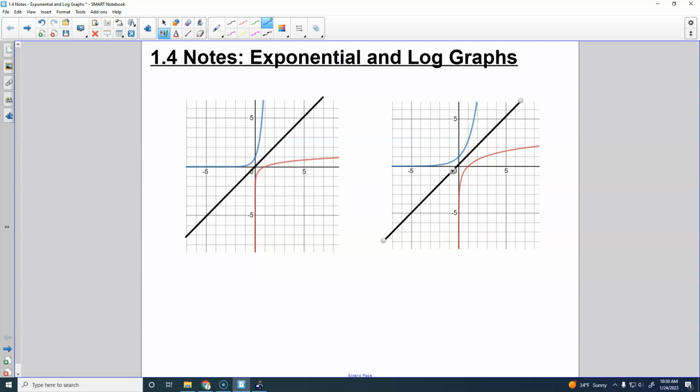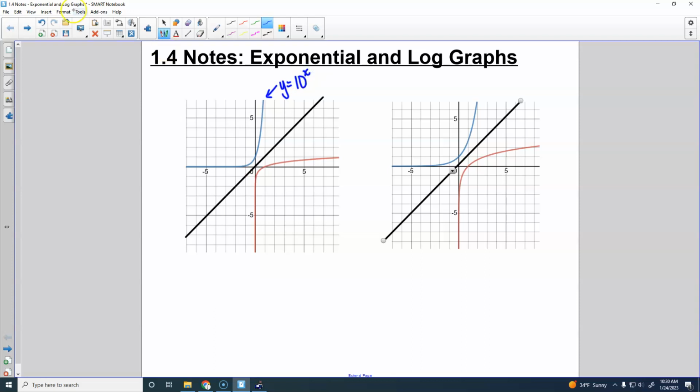Because if we can raise something to an exponent, we also need to be able to undo that raising of the exponent. And if you have something like, for example, right here for this problem, this one is the graph of y equals 10 to the x power.